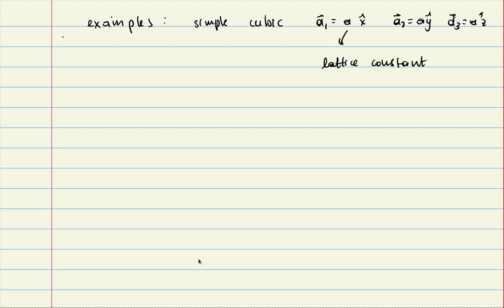Every site in a Bravais lattice has the same number of nearest neighbors, and that's called the coordination number. So the coordination number is the number of nearest neighbors. For example, we show it as Z, and you can draw your cube and look at the nearest neighbors.